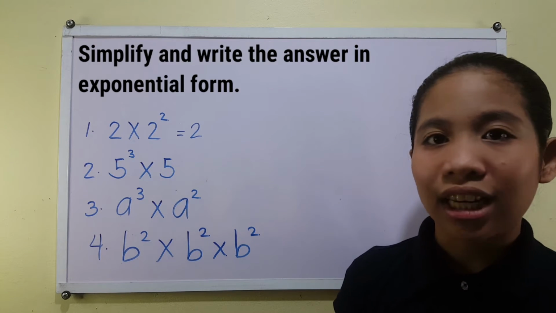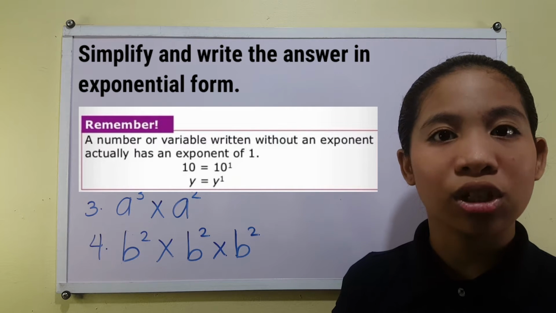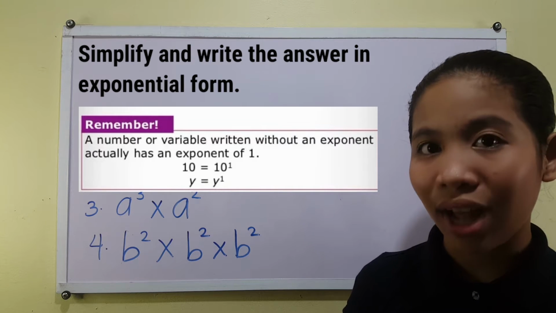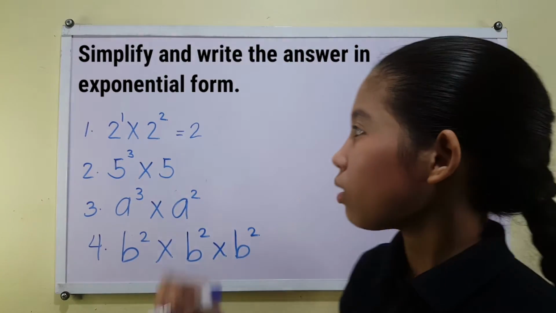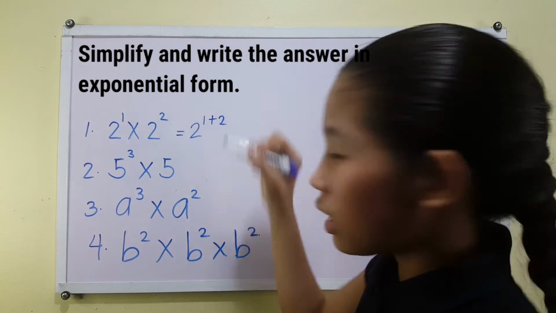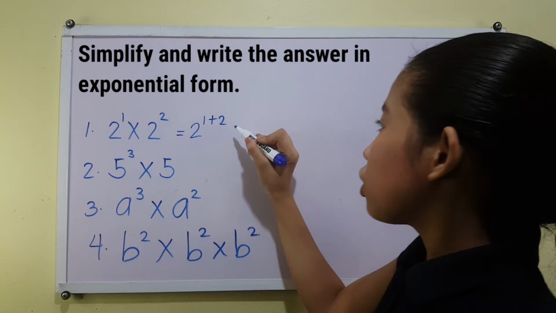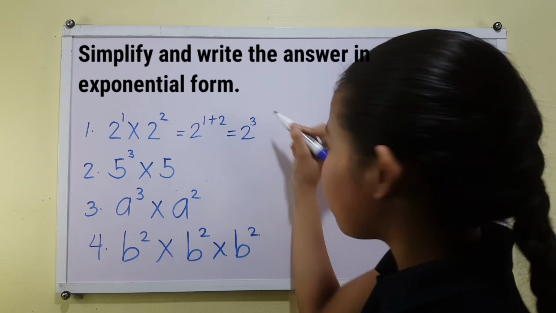Take note that any number or variable which doesn't have an exponent actually has an exponent of 1. So we now have 2 to the power of 1. So 1 plus 2 is equal to 3. So our final answer is 2 to the power of 3.